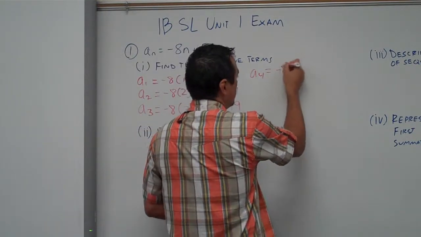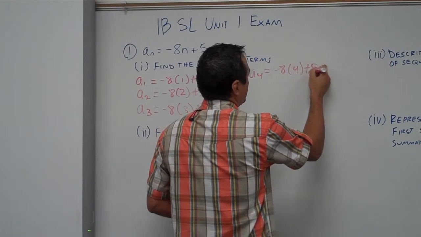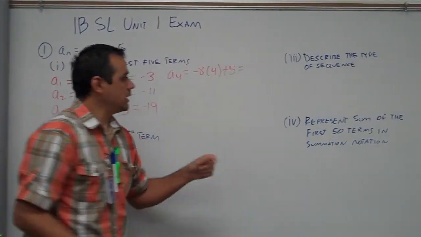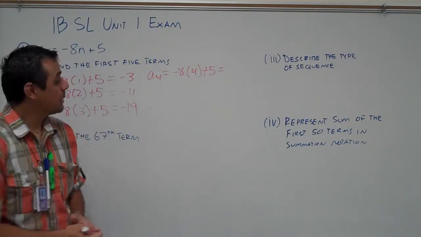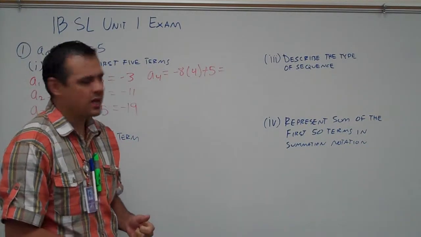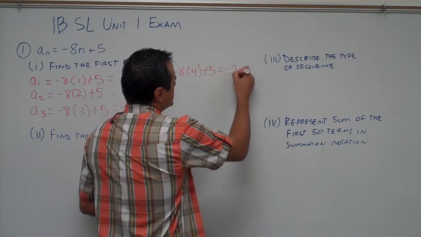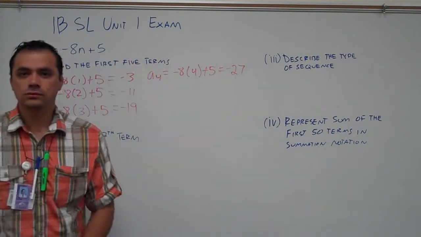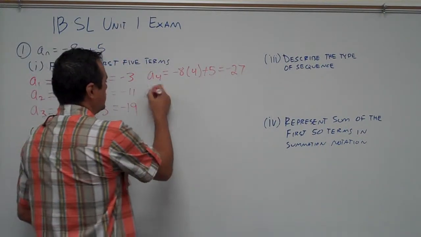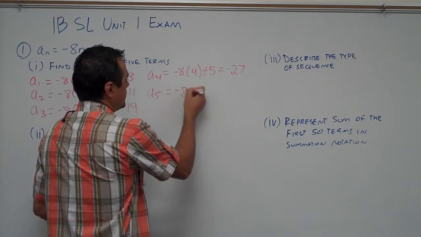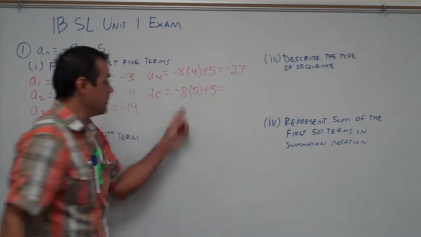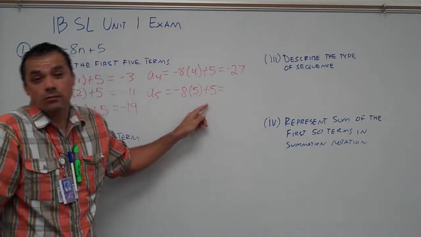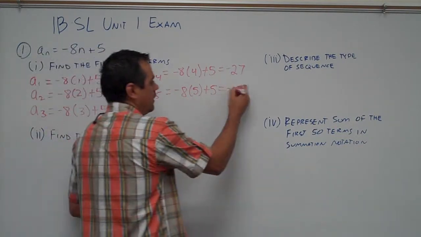Negative 8 times 4 is negative 32, plus 5 gives us negative 27. And the last one, a sub 5, is negative 8 times 5 plus 5. Negative 8 times 5 is negative 40, plus 5 is negative 35.